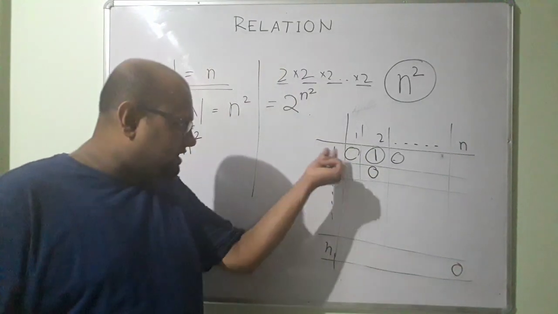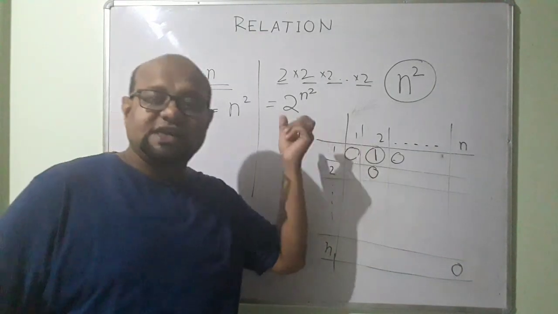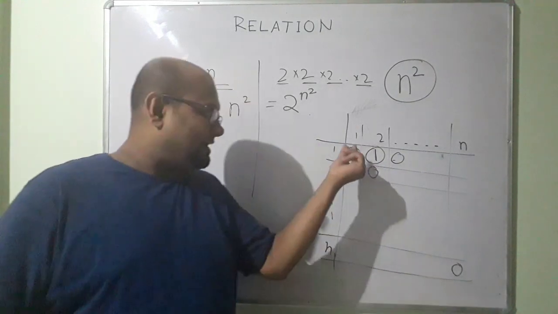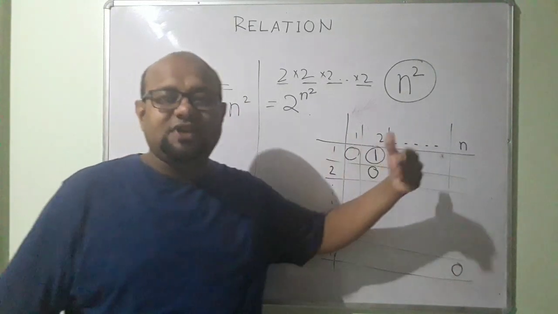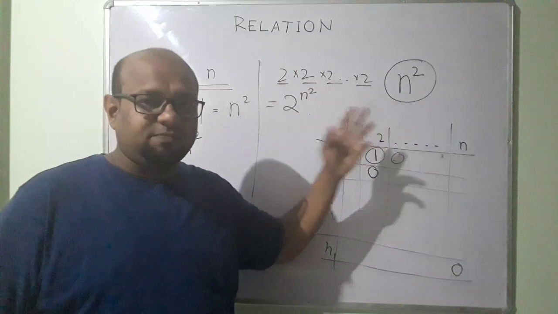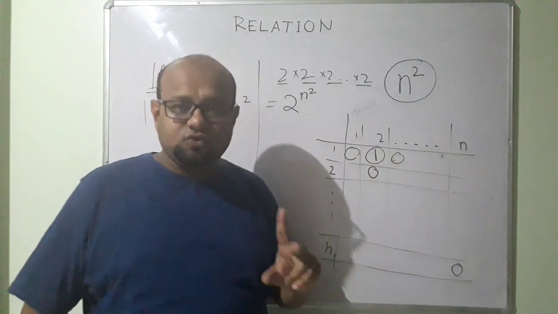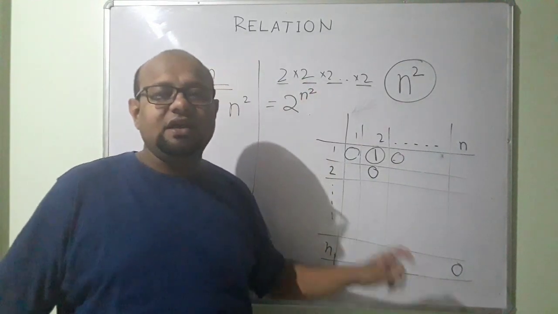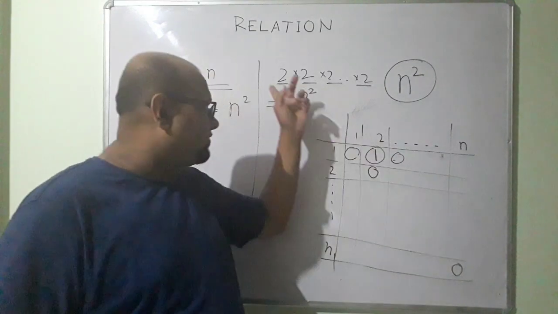But remember this, I have to fill this and then I have to fill this and then I have to fill this. It's an and relation. It's not that I fill this or I fill this. I have to fill one after another. There is an and relation, so there is a multiplication, not sum. So how many choices do I have in each position? I have two choices, so it's 2 into 2. How many places do I have to fill? There are n cross n, that is n square, places to fill.